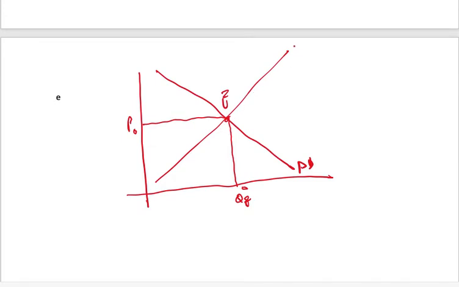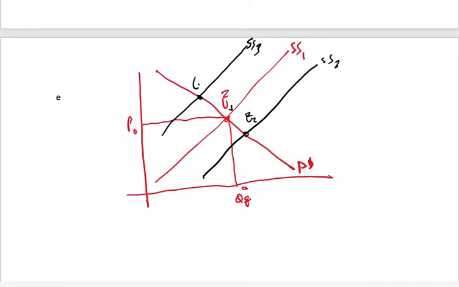Let's call this supply 1. But now let's assume that we know what can cause the rightward shifts in supply curve. We know what can cause the leftward shifts in supply curve. But we know that on both scenarios, the equilibrium is changing. So let's call this E2 and let's call this E3, and these are their respective points.